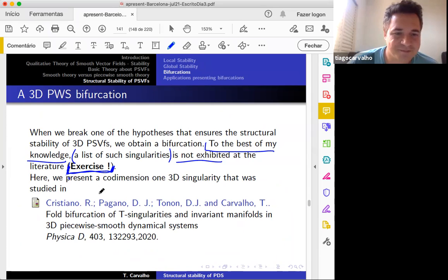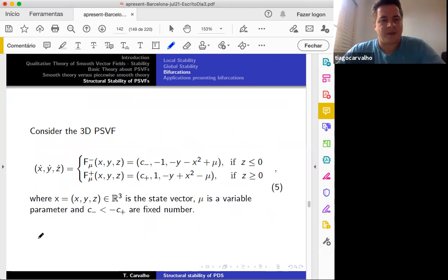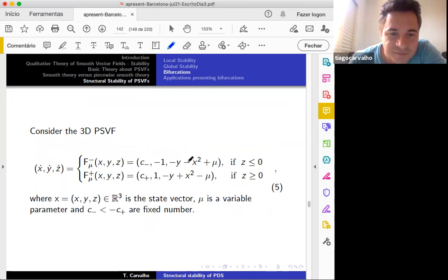Okay. So let's consider the codimension one vector field given in this paper. What's happening here? Well, we have a three-dimensional vector field, okay, and some hypotheses here.